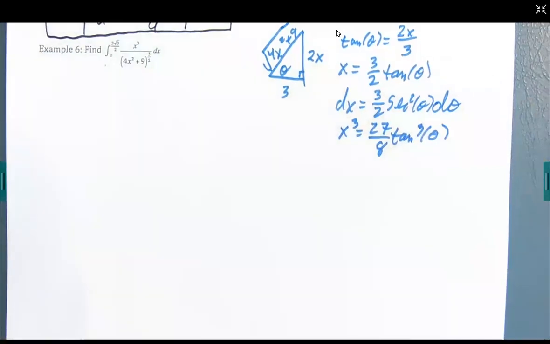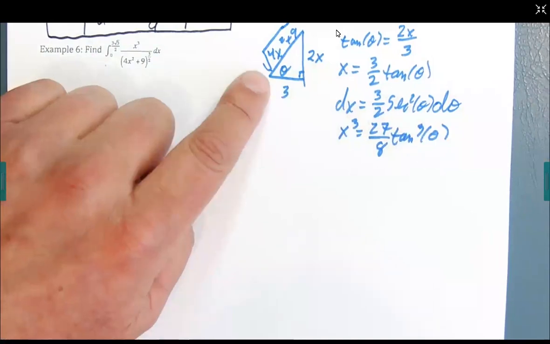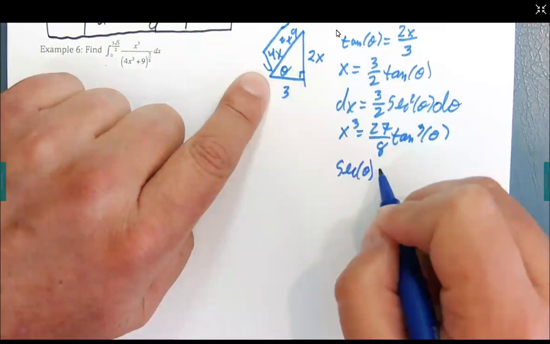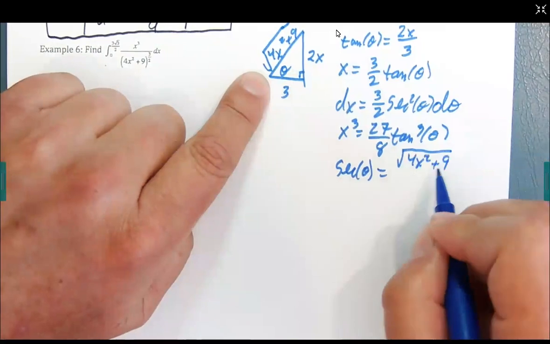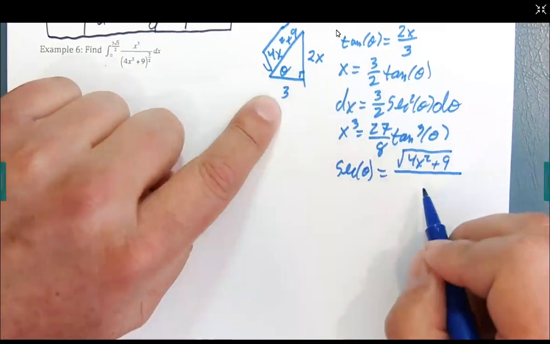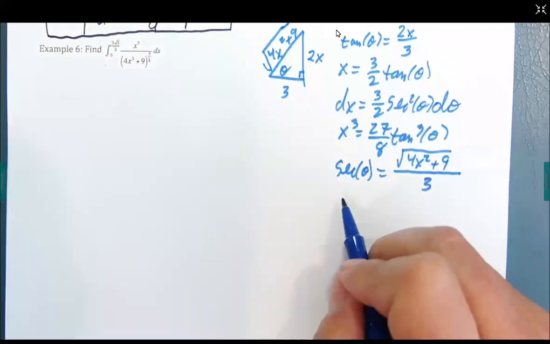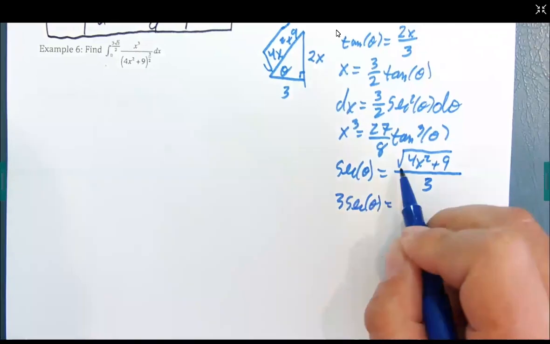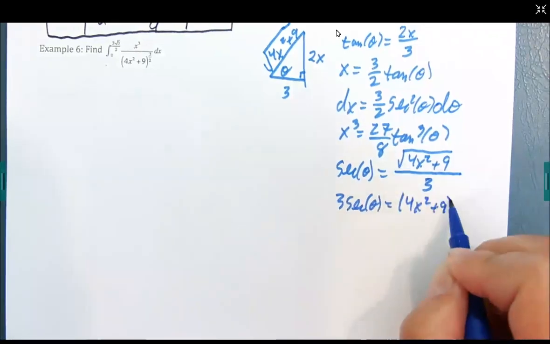Now our third piece involves the radical. So I'm going to compare that to the adjacent. So the hypotenuse over the adjacent, that's secant theta over 3, which means 3 secant theta equals, and instead of calling it square root, I'm going to call this 4x squared plus 9 to the 1/2 power.